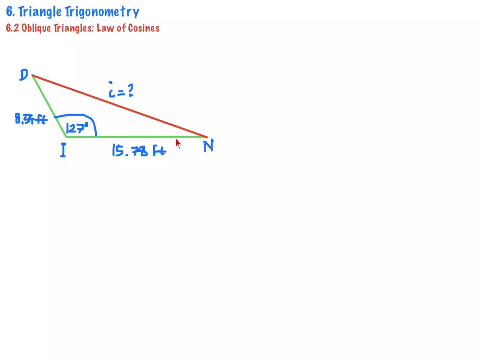So let's say we have triangle IND, and we are told to find the length of I. First, let's try to examine what kind of configuration this triangle has. We have the side, the included angle, and then the side. So this is a SAS.